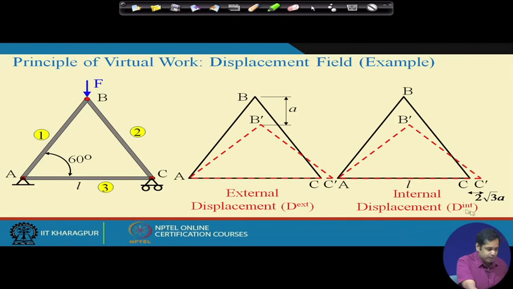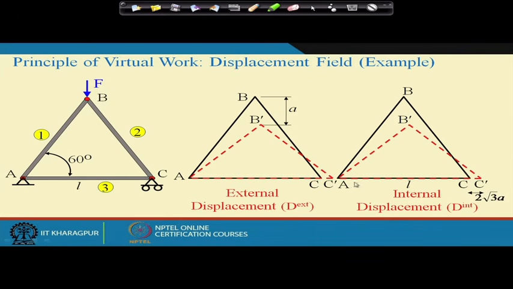Now, this is called external displacement, because you are applying a displacement at joint B externally, and this is internal displacement. Internal displacement means that this CC dash displacement is due to the change in length in member AC. When we apply a load, every member has internal forces, and if the members are deformable, then because of the internal forces, the member undergoes deformation, and that deformation is the internal displacement.